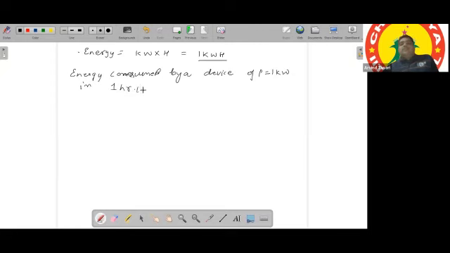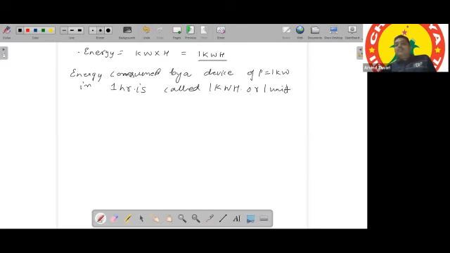Is called 1 kWh or 1 kilowatt hour, or we call it 1 unit.